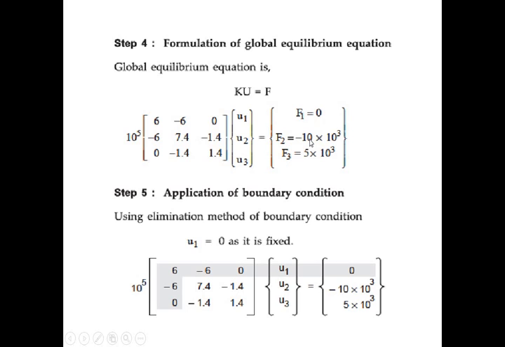Force F2 is given as minus 10 into 10 raised to the power 3, and F3 is given as 5 into 10 raised to the power 3. Applying the boundary conditions, since node 1 is fixed, we eliminate row number 1 and column number 1 from the above equation, which are highlighted in gray here.